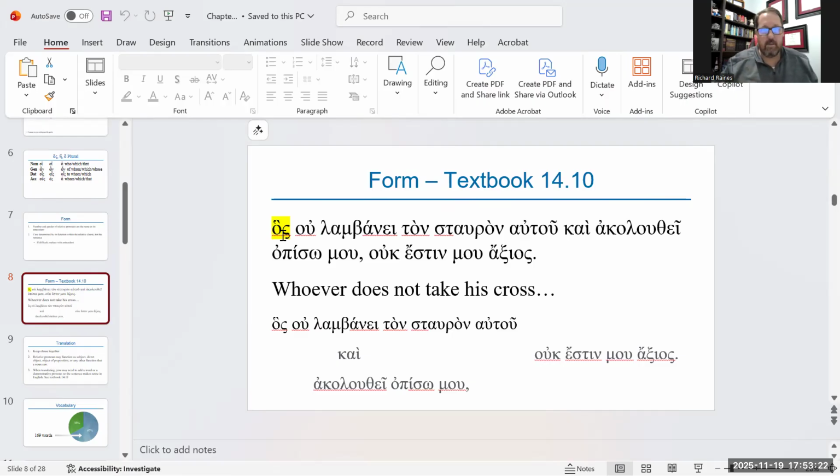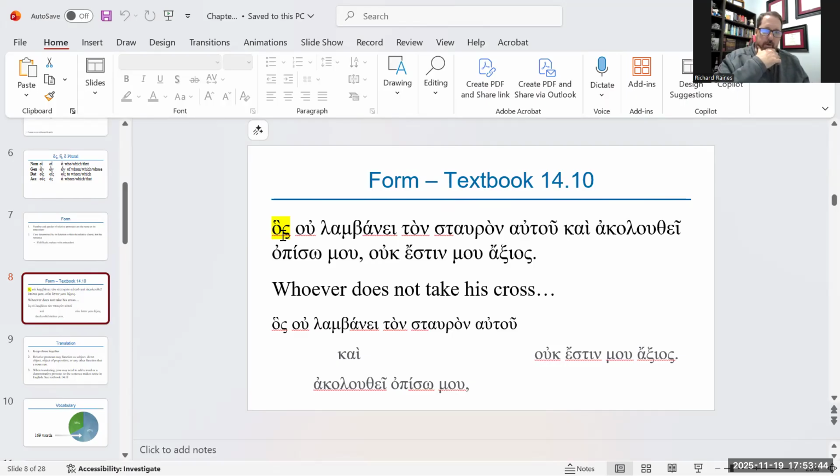Now, listen, for your exercises, if you see a relative pronoun on a test and you translate it, I want you to feel confident enough to use a form of the relative pronoun that you learn, who, which, or that, of whom, of which, of whose, whatever.